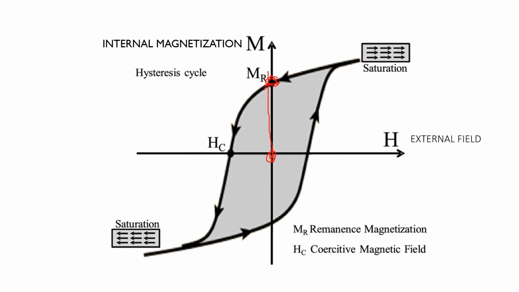If this value is close to the saturation magnetization ng material mo, this would mean that your material retains your magnetism very well. But if hindi ganun siya kataas, if kunyari, nandito lang siya, konti lang yung magnetization na natitira when you remove your external magnetic field, which means your magnet is not effective in retaining its magnetization.